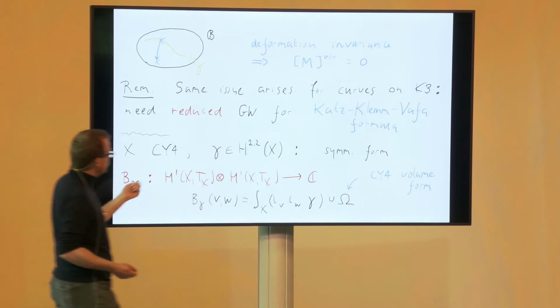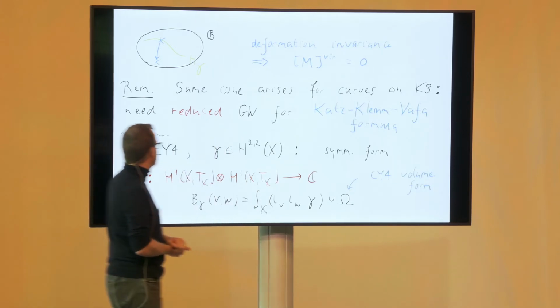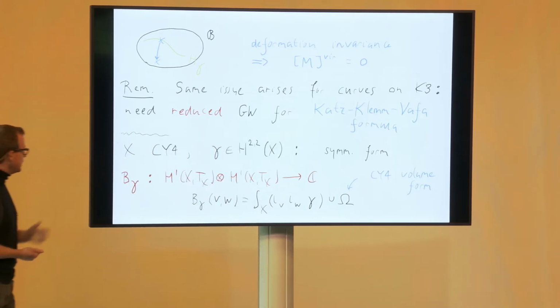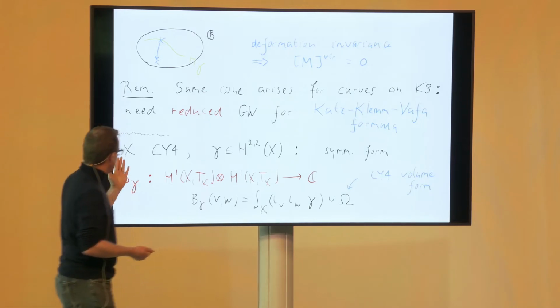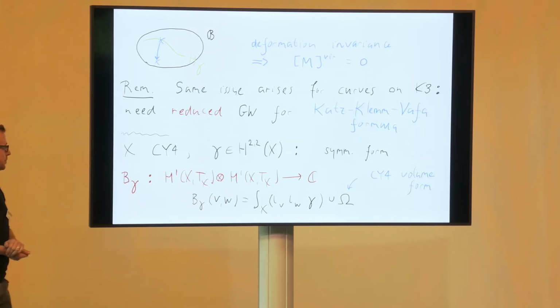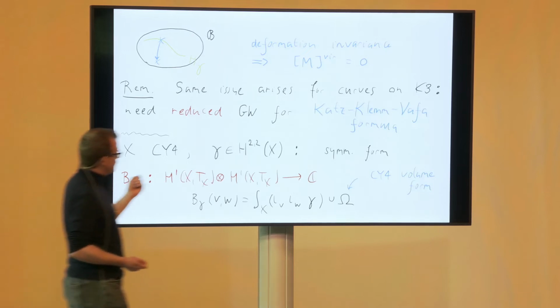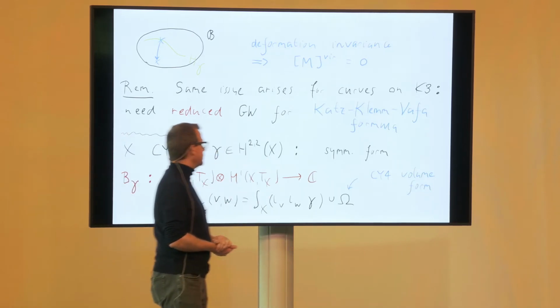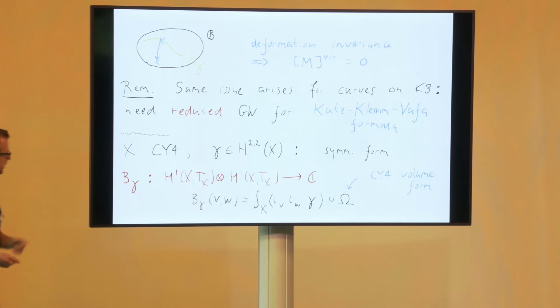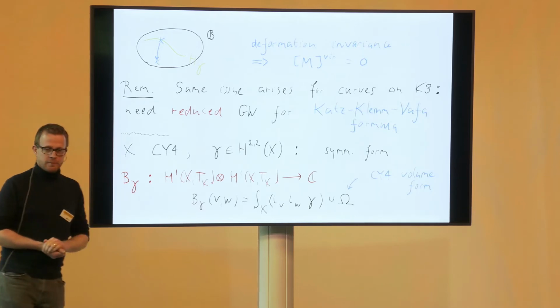And the answer will be neatly formulated in terms of an interesting bilinear form. So we fix X now an arbitrary Calabi-Yau fourfold, and we take some (2,2) class gamma on there. Then we have the following interesting bilinear form.